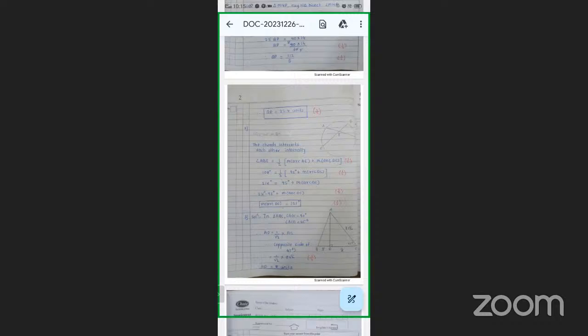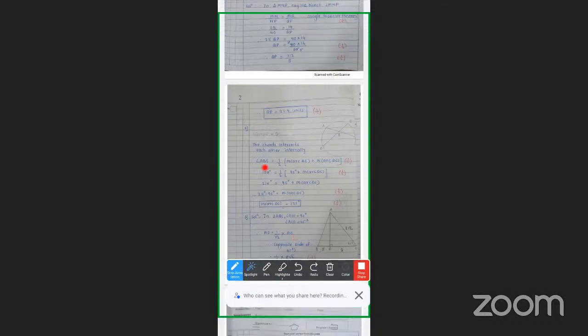So focus here on the diagram. Here we have to use the chords intersecting each other internally. So we have to use the formula: angle ABE is equal to half into the measure of arc AE plus the measure of arc DC.